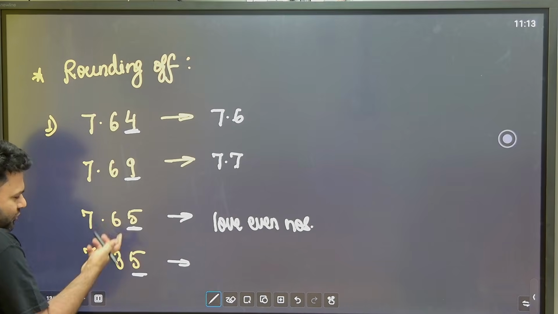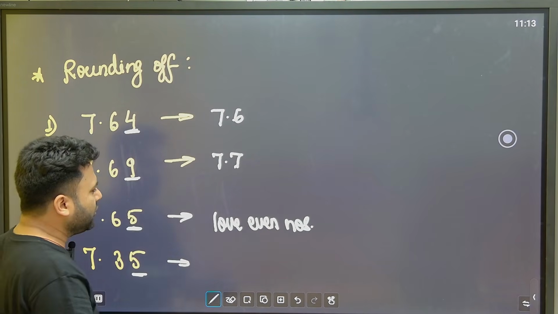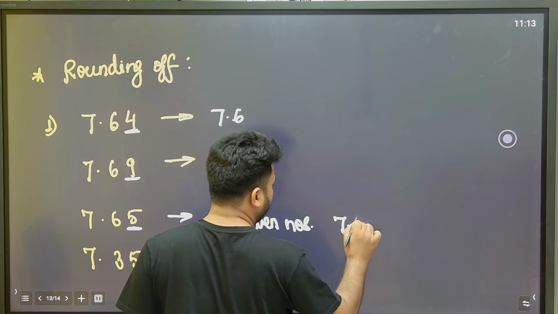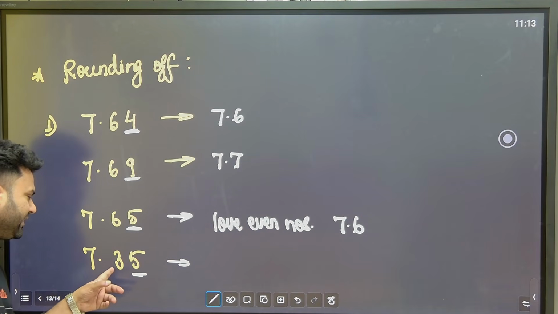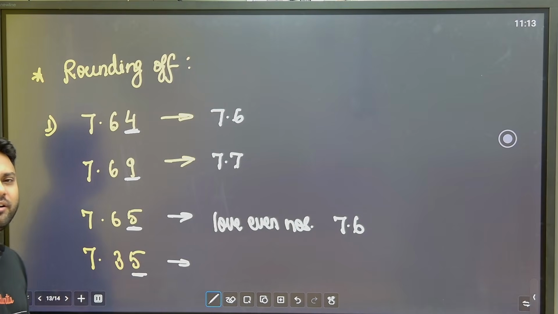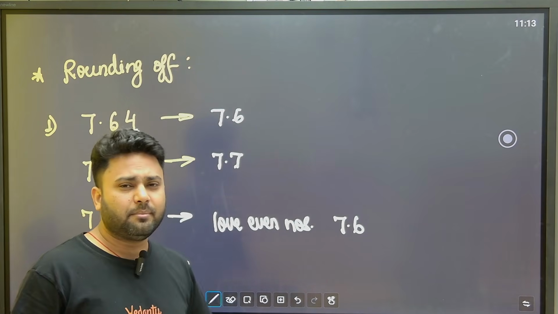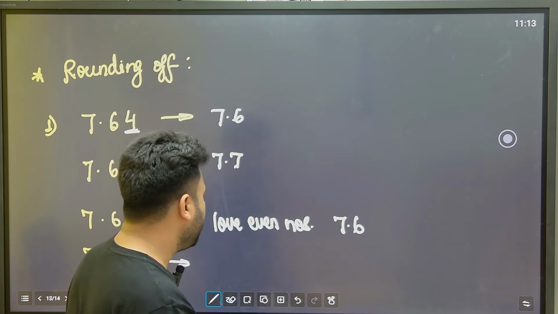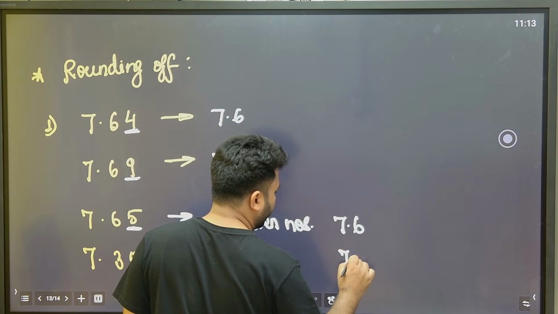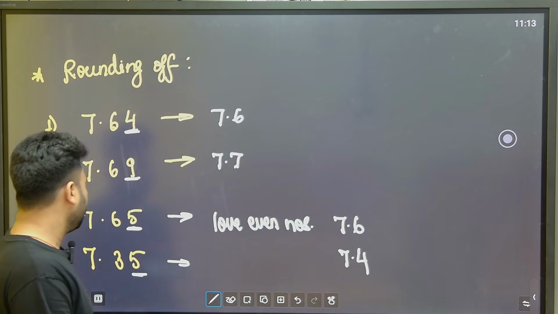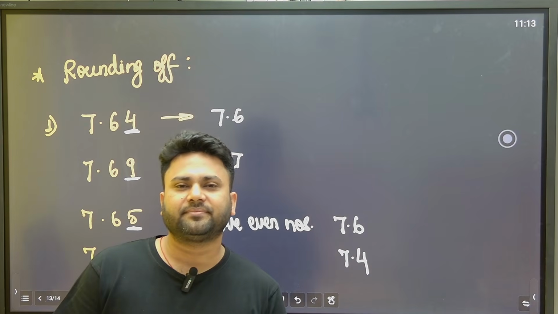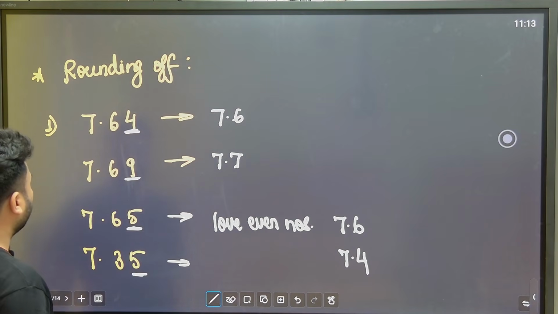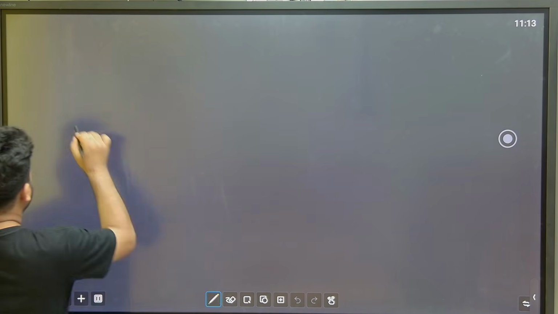So the previous digit is already even, so we are not going to change. So this will be 7.6 only. But if the previous digit is odd, 3 is odd, but we love even numbers, so we will increase by 1. So this will become 7.4. So this is all about rounding off. Next is significant figures.